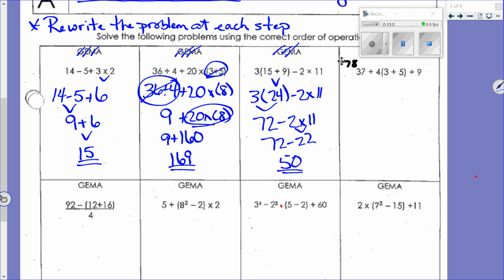Daphne? 88? Lily? 62? Parker? 273. Thank you. 273. Sarah? 337. Nice. 337.